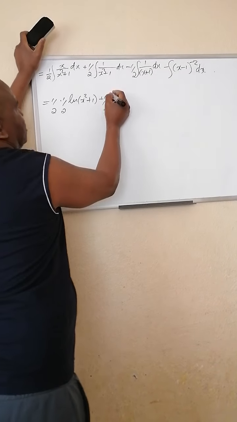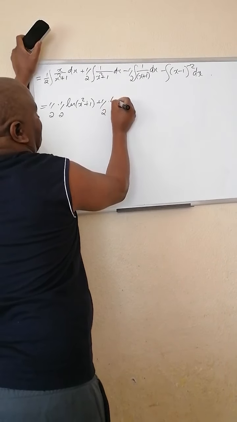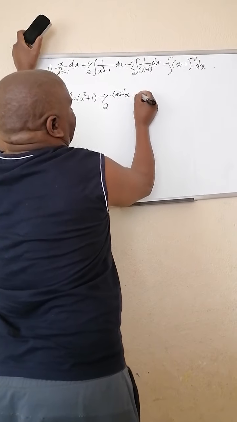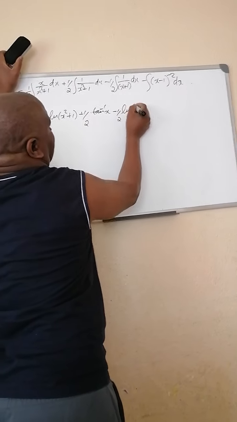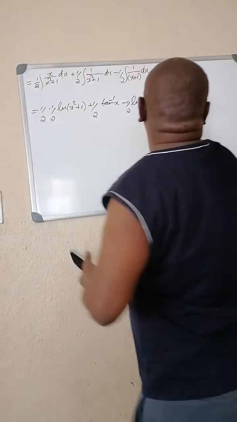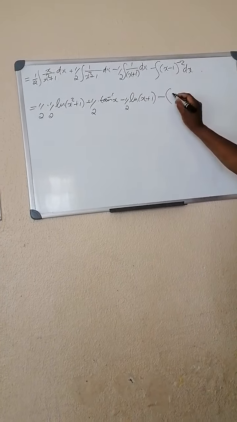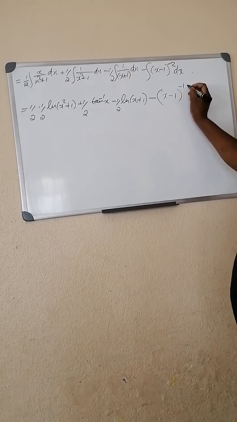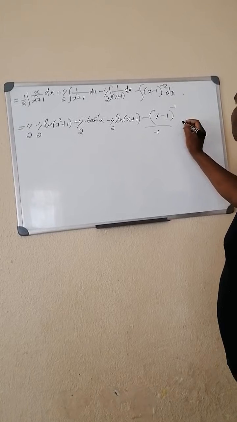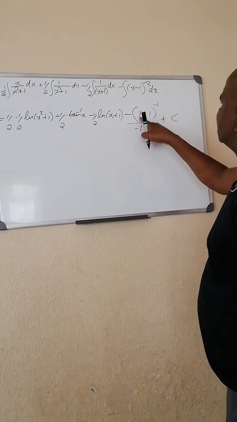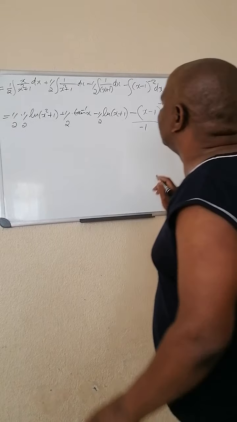The second part would be arctan x. This one will be minus the ln of x plus 1. And finally here you have (x plus 1) raised to minus 1 over minus 1, plus c, divided by the derivative of x, which is 1 there.